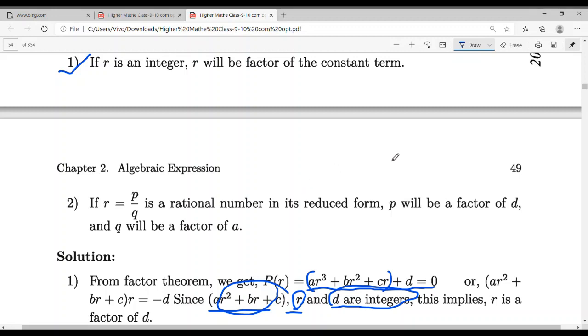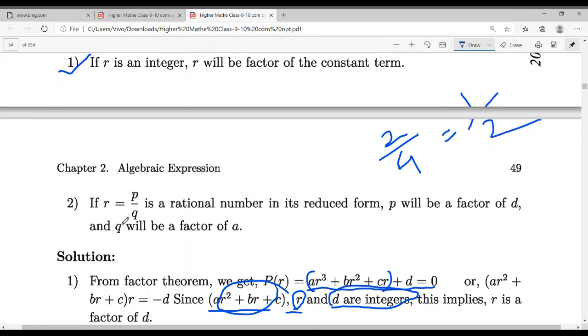Reduced form means if we divide 2 by 4, then the reduced form of 2 by 4 equals 1 by 2. This is the reduced form of 2 by 4. So here 1 and 2 are co-prime.